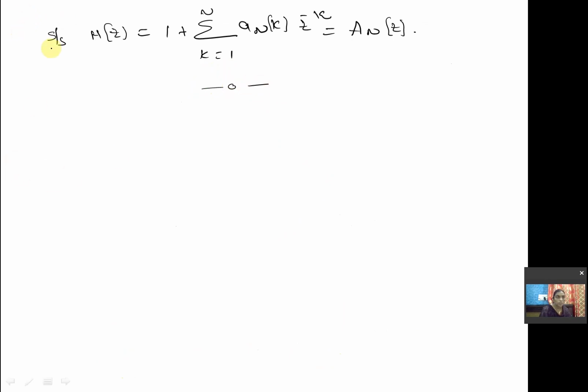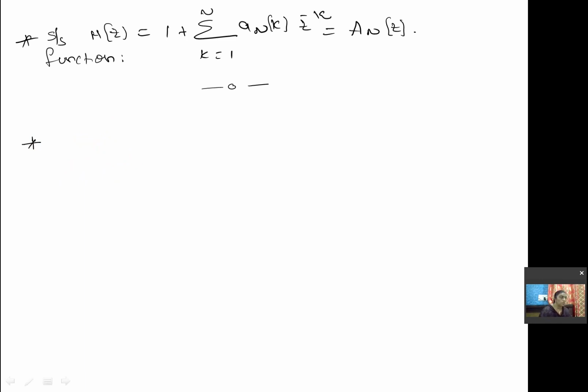So this is the system function. Here we have taken h of z equal to 1 by a n of z. By interchanging x of n and y of n, we can get h of z equal to a n of z, right?